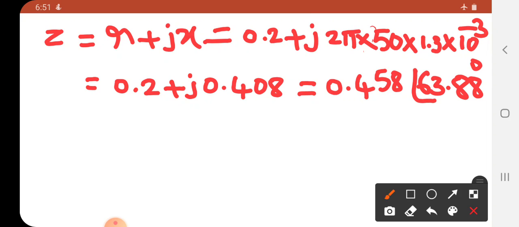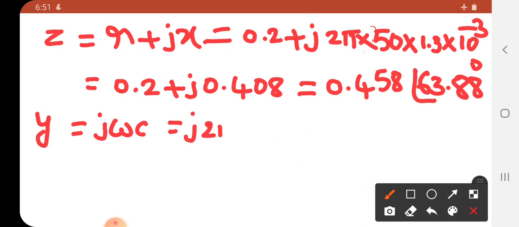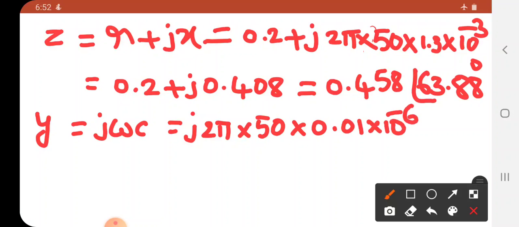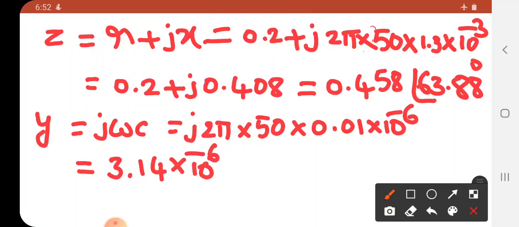The shunt admittance small y is equal to j omega c, which is given by j into 2 pi f into c, 0.01 micro into 10 power minus 6, and this value is 3.14 into 10 power minus 6 at an angle of 90 degrees. This is Siemens or mho.